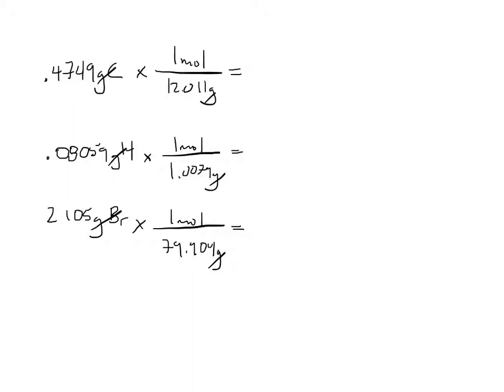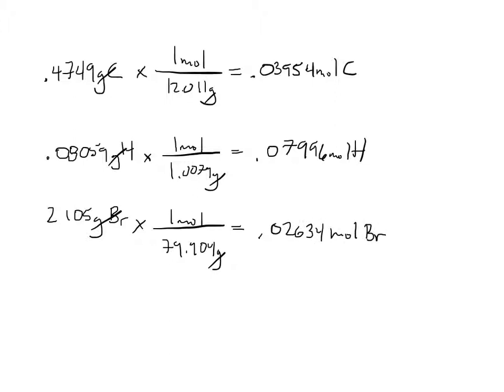And we get 0.03954 moles of carbon, 0.07996 moles of hydrogen, and 0.02634 moles of our third element, bromine.